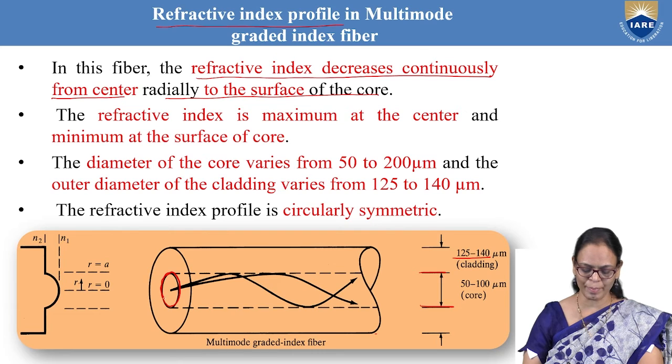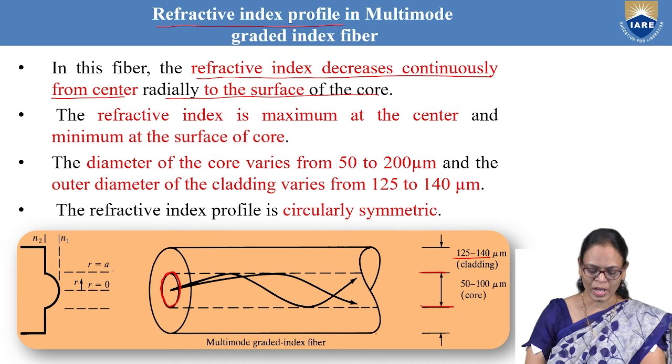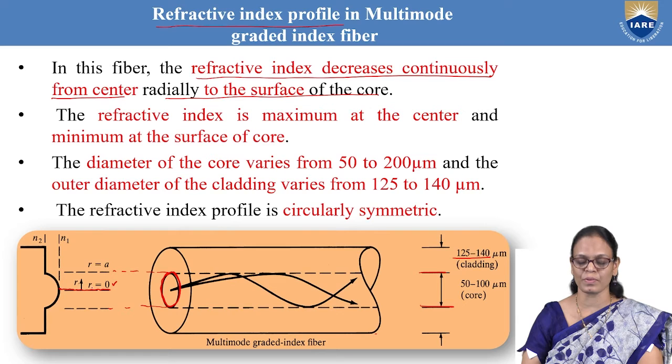So when I talk about the diameter of the core, and you see the refractive index of the core. So at the center, the refractive index, say R is equal to 0.